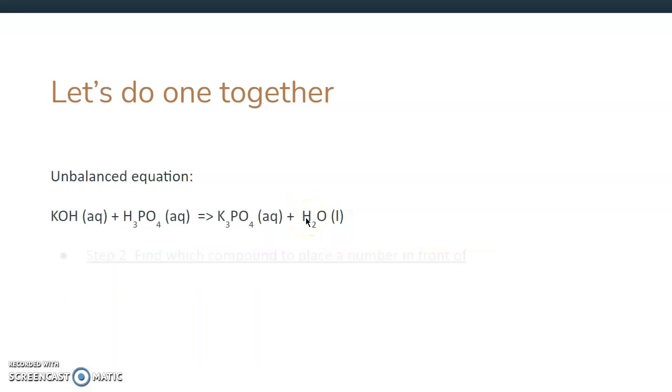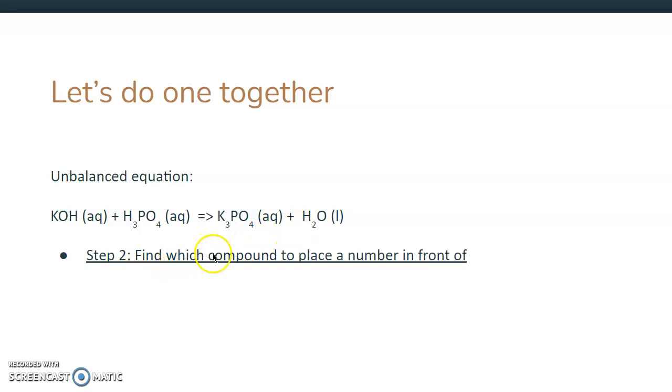With our unbalanced equation, the next step is to find which compound to place our large number in front of. That's the only thing we can do to balance an equation, is change the number in front of each compound. If we want to change our K's, the only compound on the left which has a K in it is this first one.